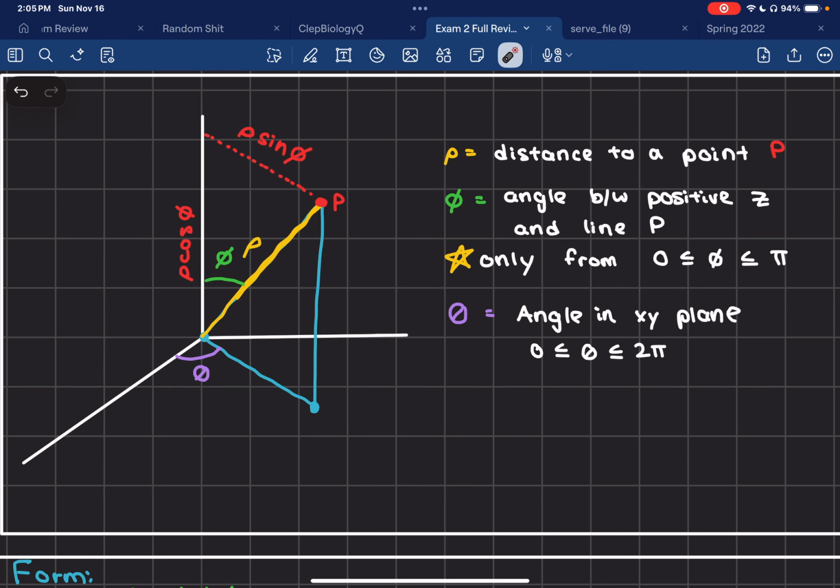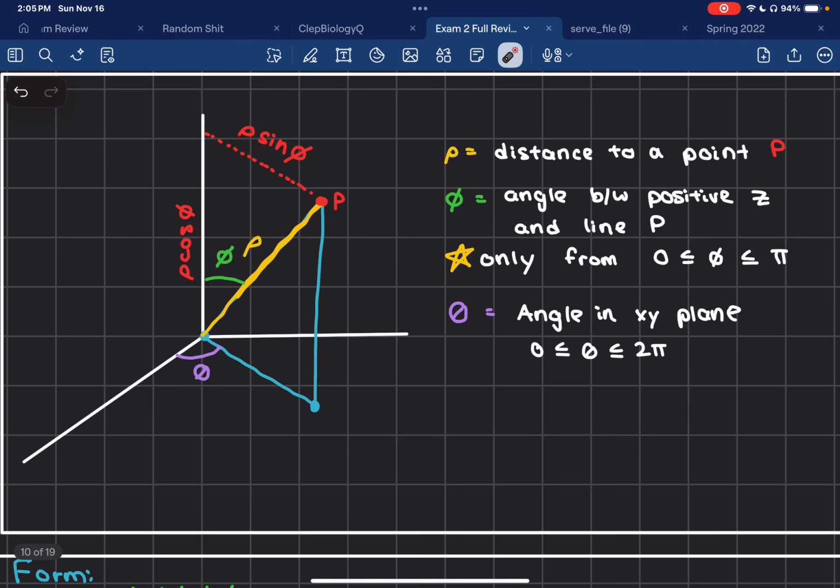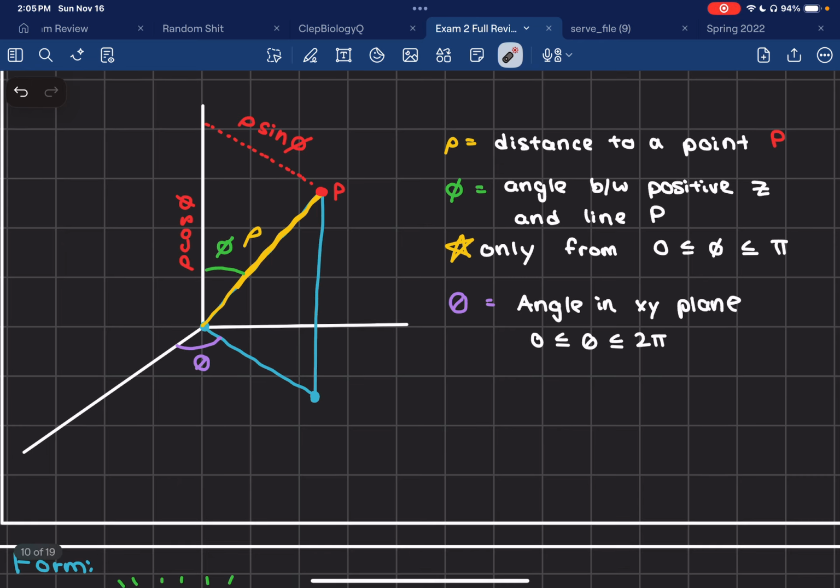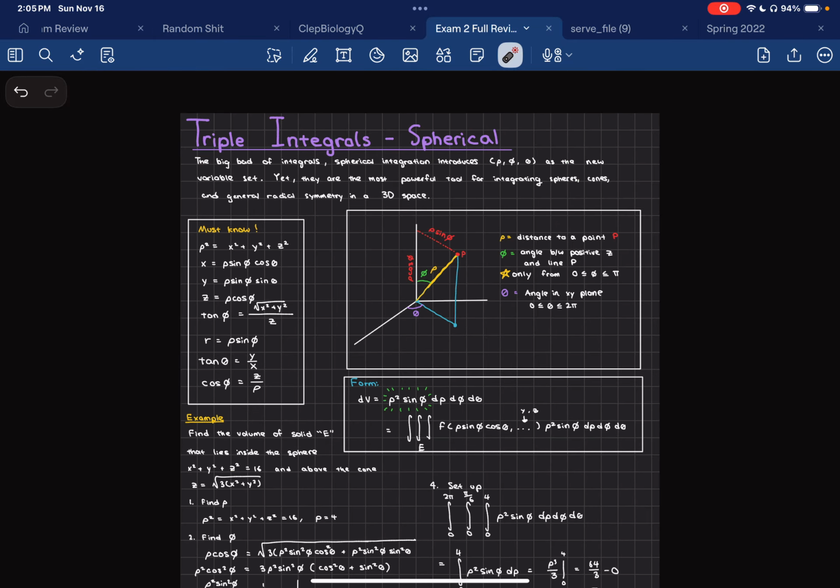But your phi is the angle between the positive z-axis and this line P that we draw in the sphere. What you should know is that while theta runs from 0 to 2 pi, phi can only run from 0 to pi.